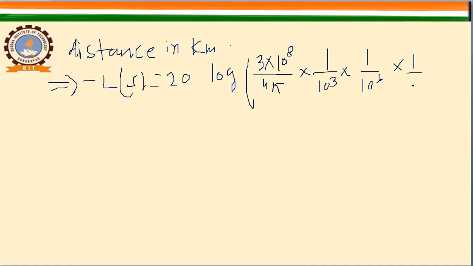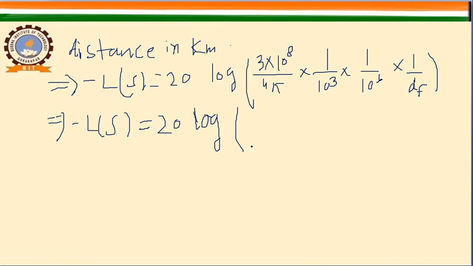So if we compute this, we write transmission attenuation path loss 20 log of 3 into 10 to the power 8 divided by 4 pi multiplied by 10 to the power 9 and 1 upon frequency.